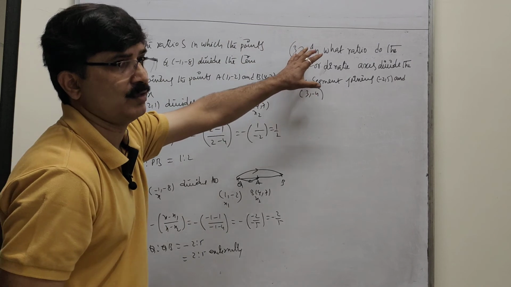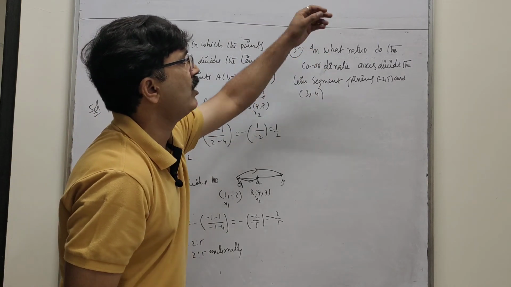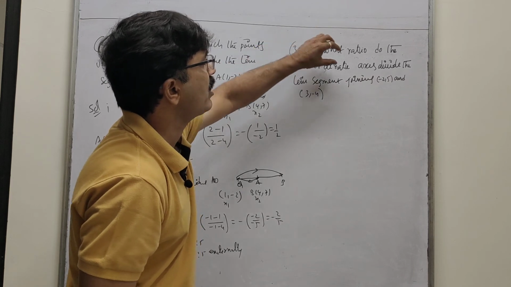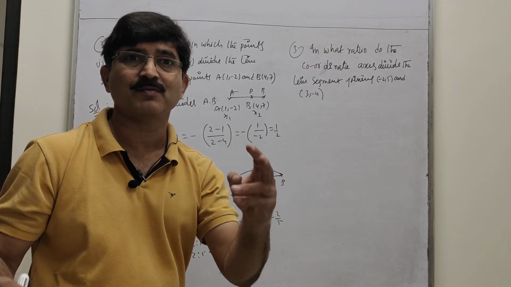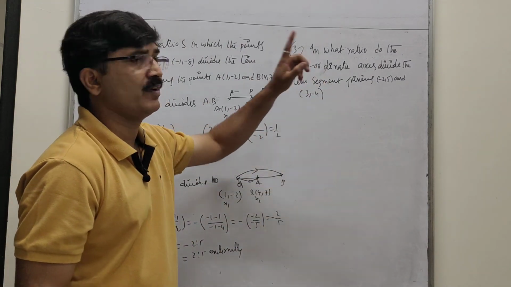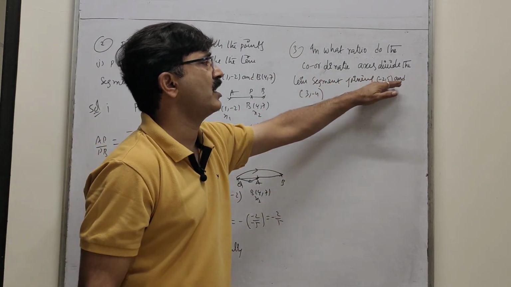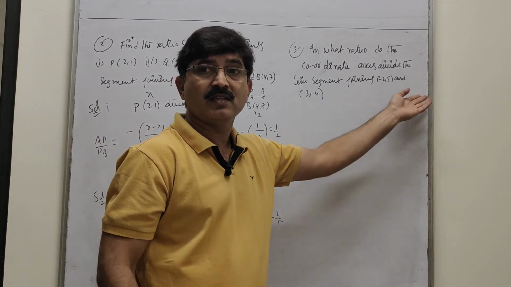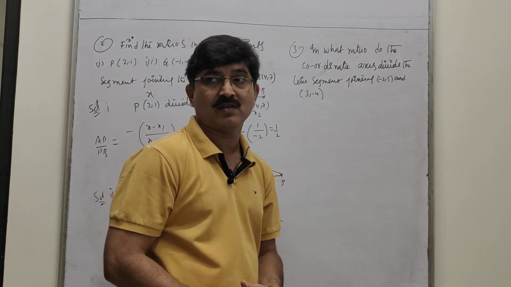Okay. Another interesting question is there on the board. In what ratio do the coordinate axes divide the line joining these 2 points? Coordinate axes means x-axis as well as y-axis. His intention is very clear. X-axis divides this line joining these 2 points in what ratio, and y-axis divides this line joining in what ratio. This he is asking.